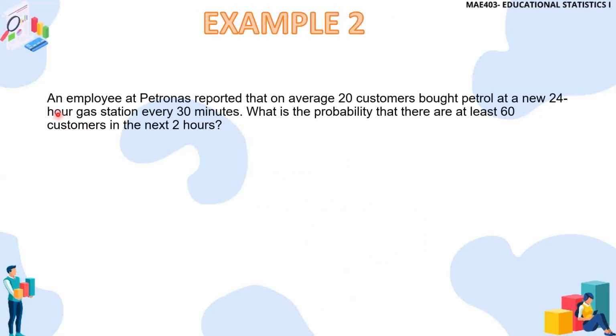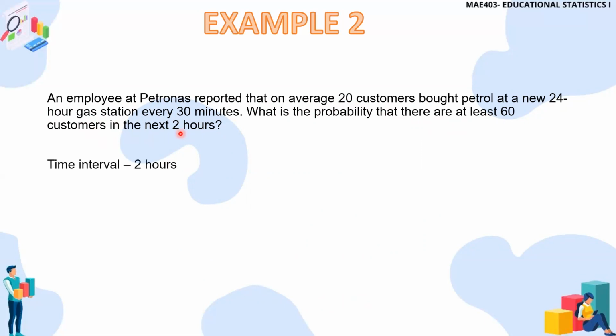Second example. An employee at Petronas reported that on average 20 customers bought petrol at a new 24-hour gas station every 30 minutes. What is the probability that there are at least 60 customers in the next 2 hours? So you can see that it is 20 customers every 30 minutes, and now you need to find the probability of at least 60 customers in the next 2 hours.